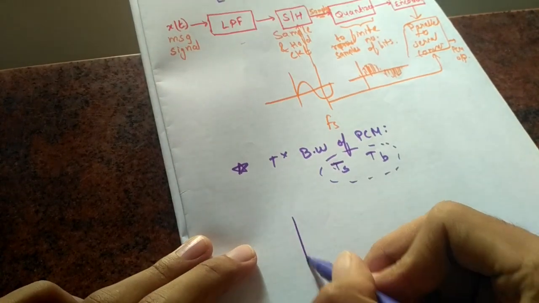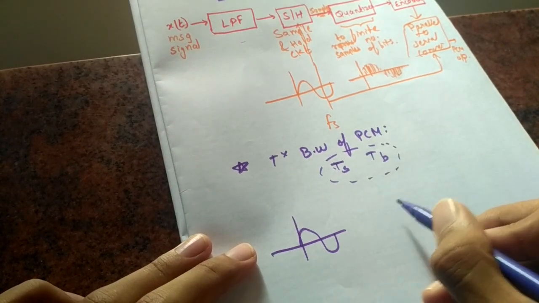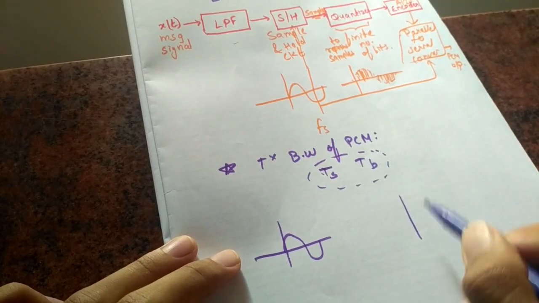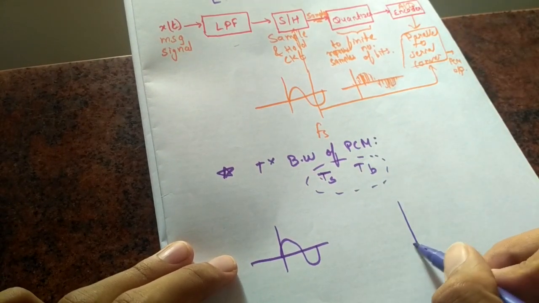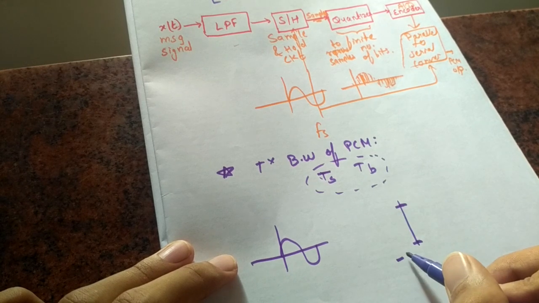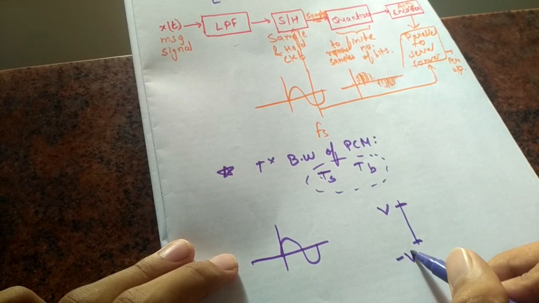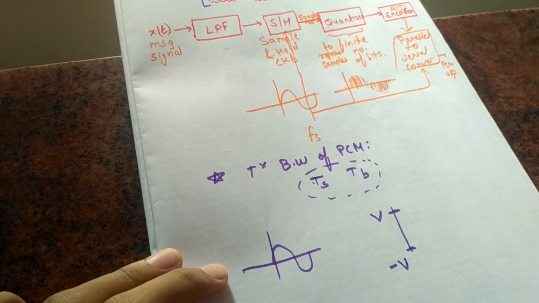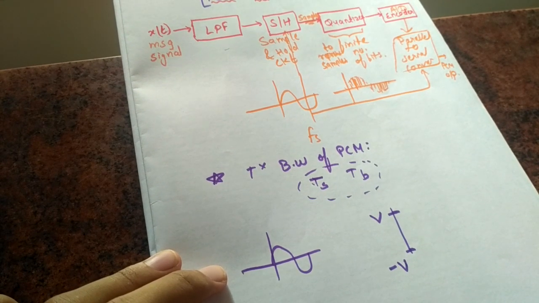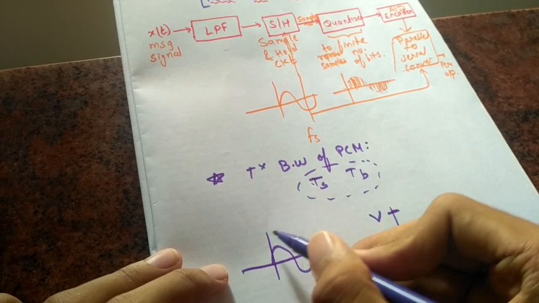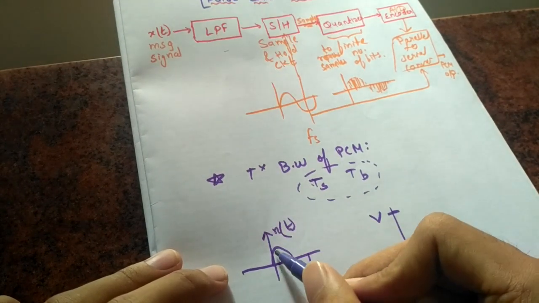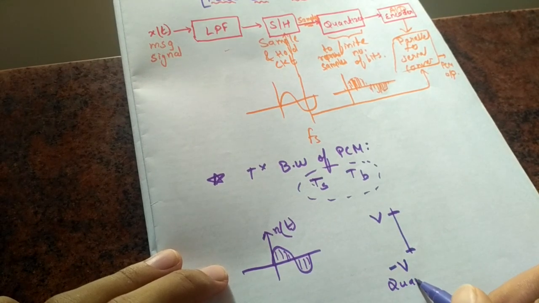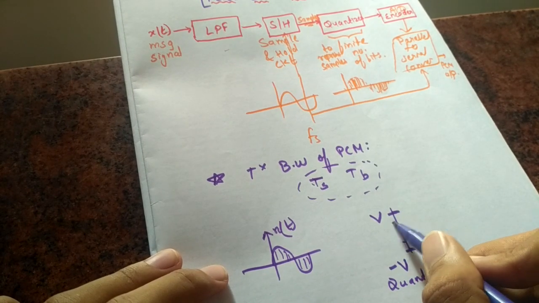So let me consider again the sinusoidal signal. Let's say this sinusoidal signal is sampled and quantized, and the quantizer has a dynamic range from minus V to plus V volts. By using any suitable quantizer, we have quantized the signal. This is our message signal x(t), sampled first and then quantized.